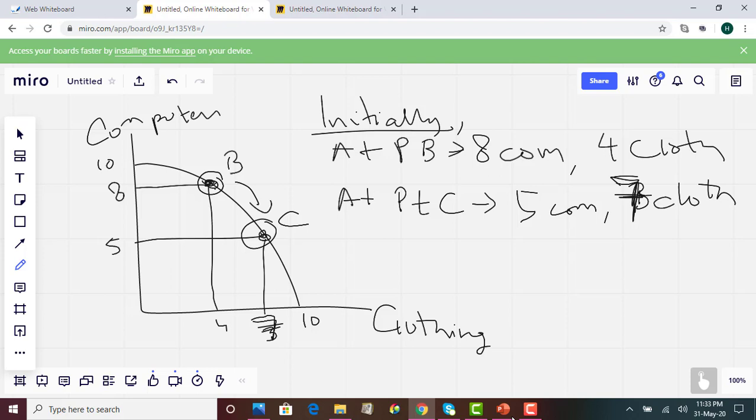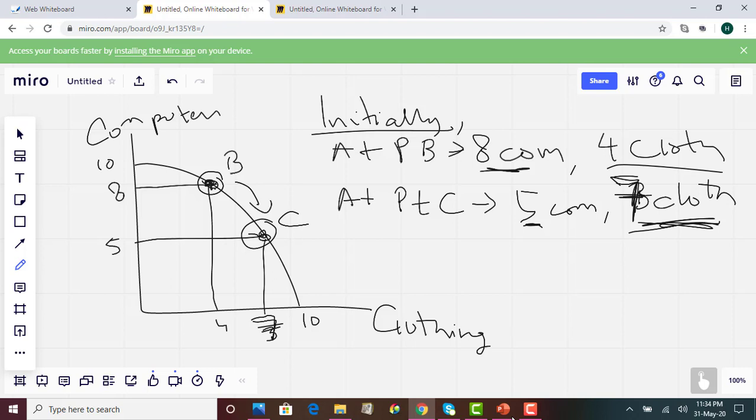This can be a question in your exam or homework. Let's say the economy is moving from point B to C. Is it a good move? Your answer should be we don't know. Maybe it is a good move for people who like clothes because we are producing more clothes, but it is not a good move for people who like computers because we are producing fewer computers now. The answer is we don't know, because the production possibility frontier does not give us any information about consumer utility.